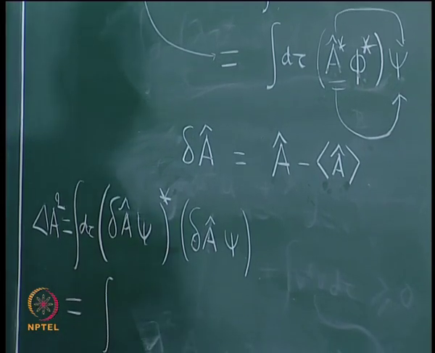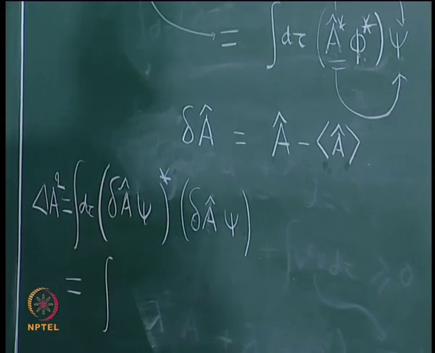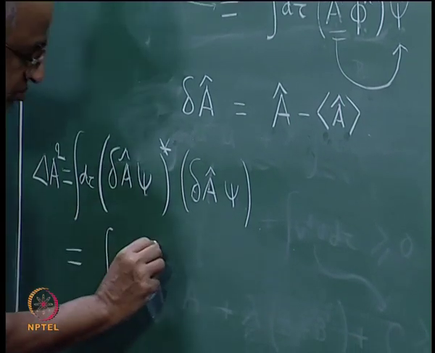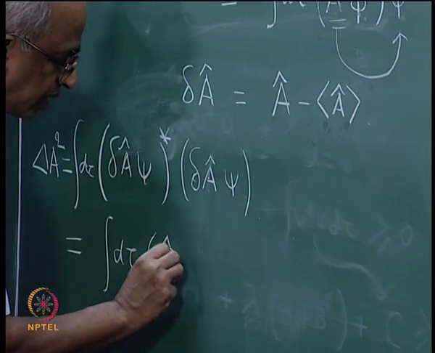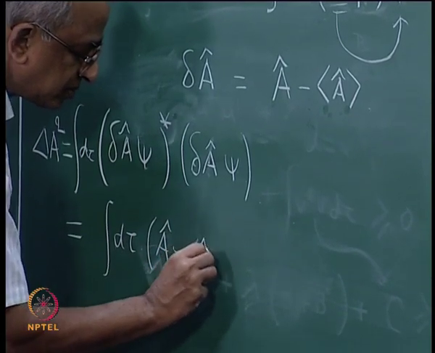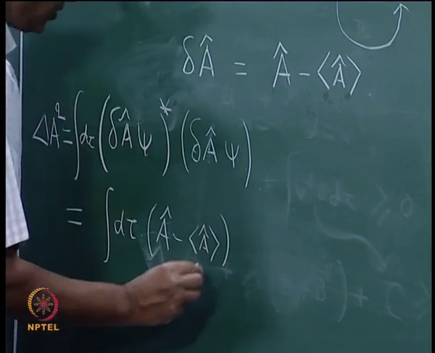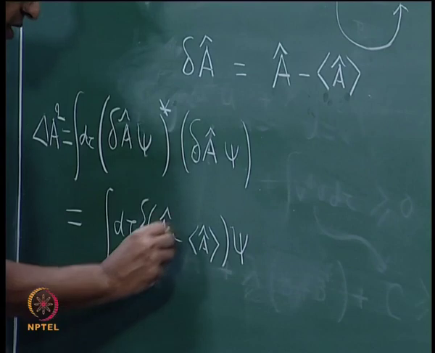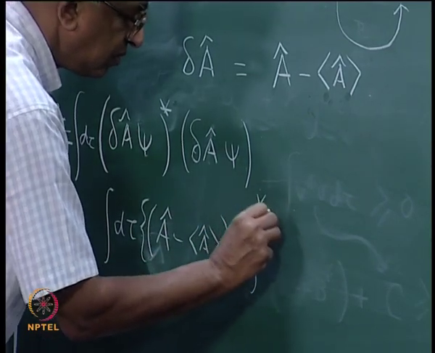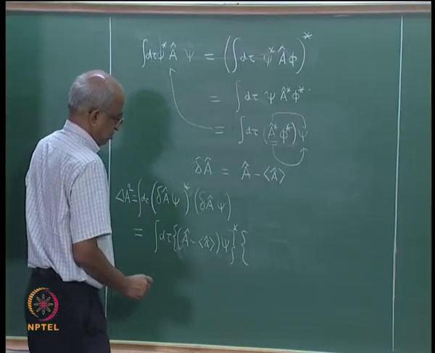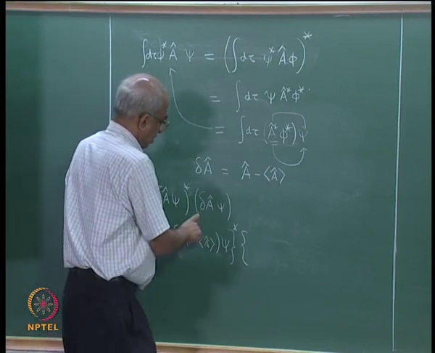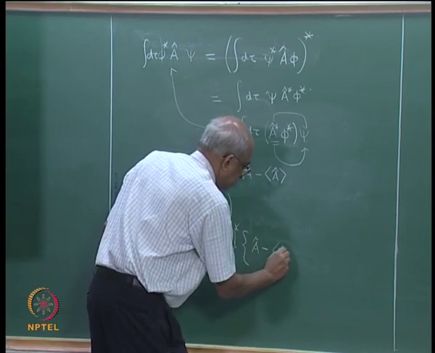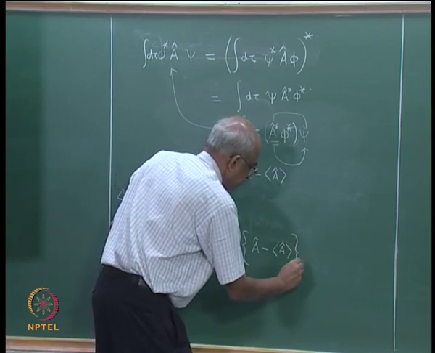Well, this is actually equal to the integral of d tau, A minus expectation value of A into psi, you have to take the star of that, and you have A minus expectation value of A, psi.